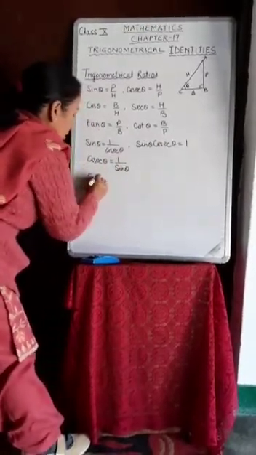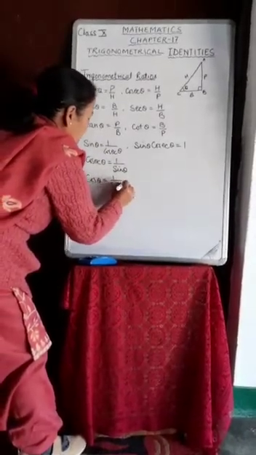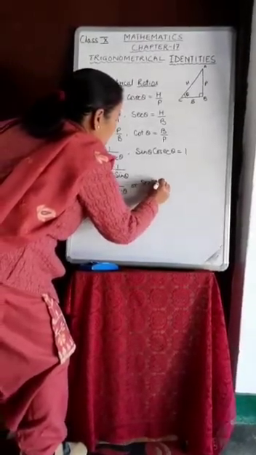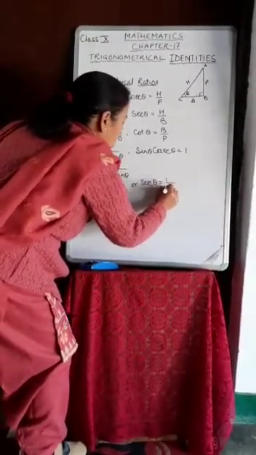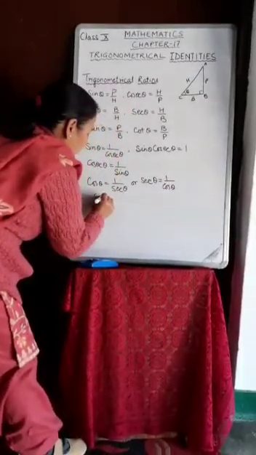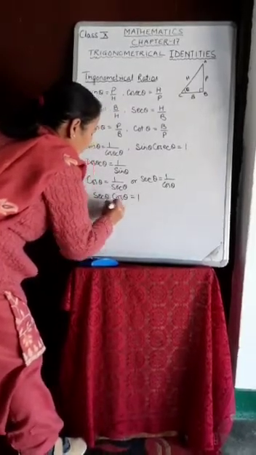Similarly, cos theta equals 1 upon sec theta, or sec theta equals 1 upon cos theta, and if we cross multiply, sec theta into cos theta equals 1.